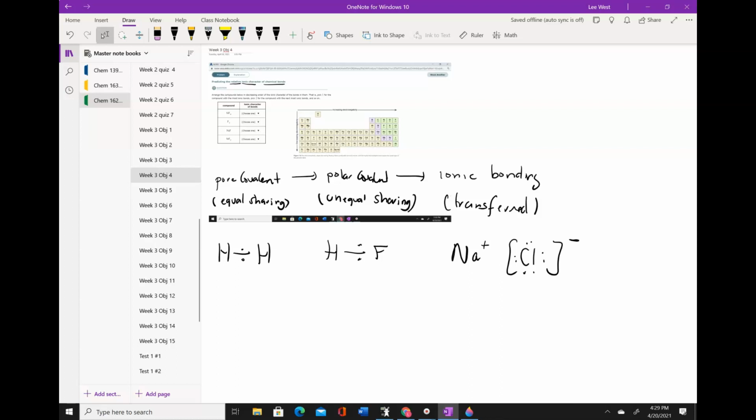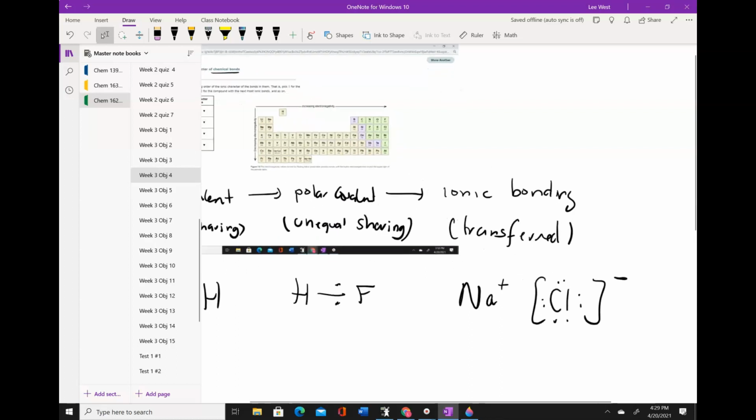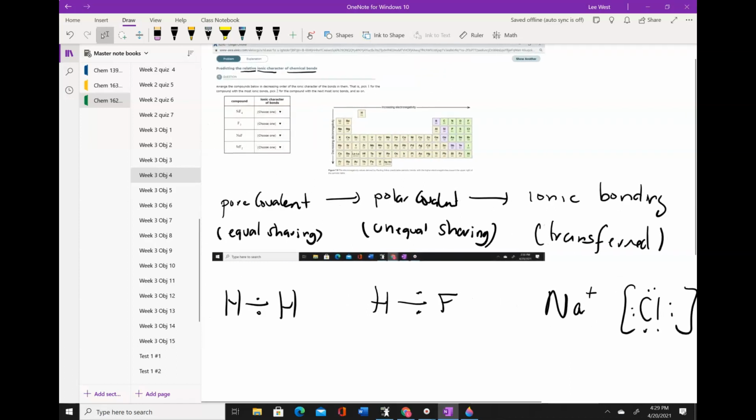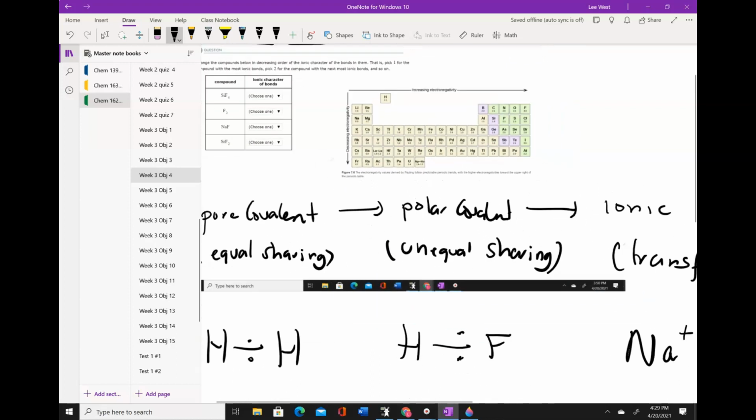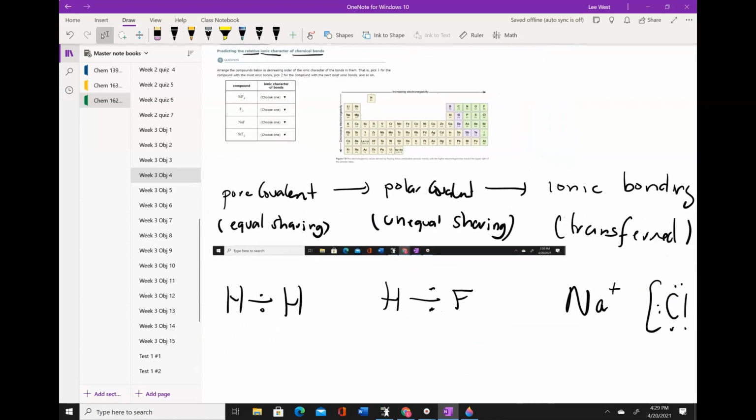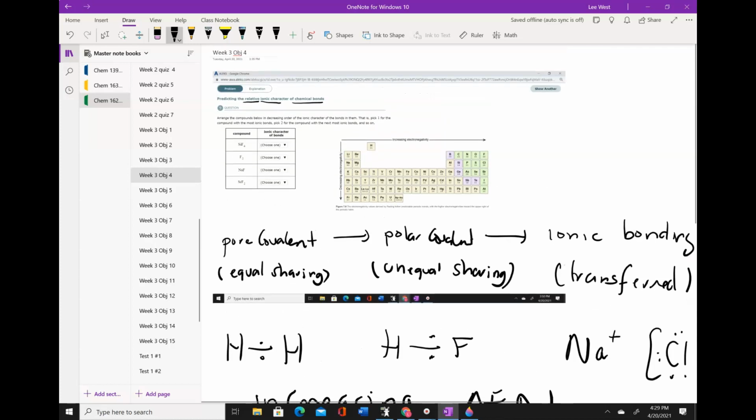This is a scale, right? It doesn't have to be complete transfer. What we're really doing, when ranking these in percent ionic character, is ranking them in order of delta EN.